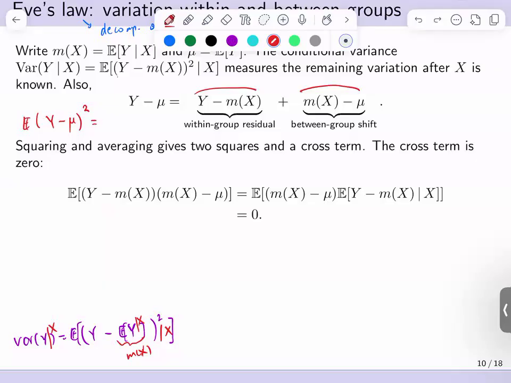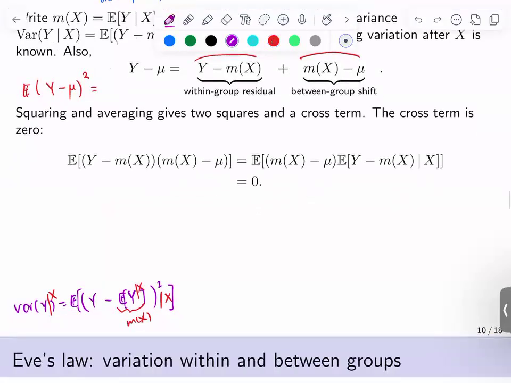I can write this as, let's do it here. So this is a random variable, right? I want to compute the expectation, and I'm going to use the Tower property, or the law of total expectation. This is going to be equal to the expectation of the same thing.